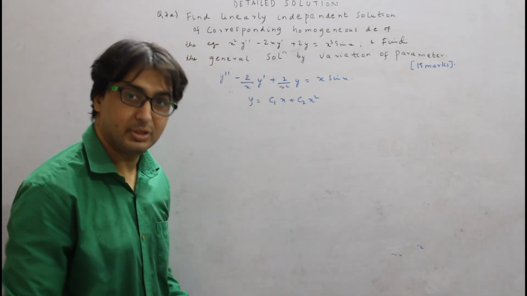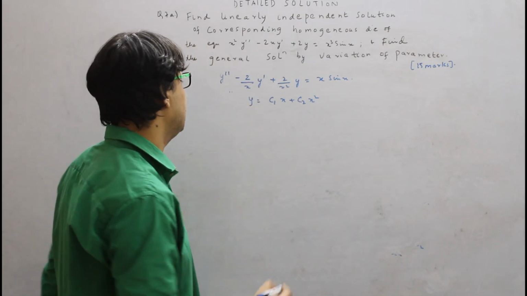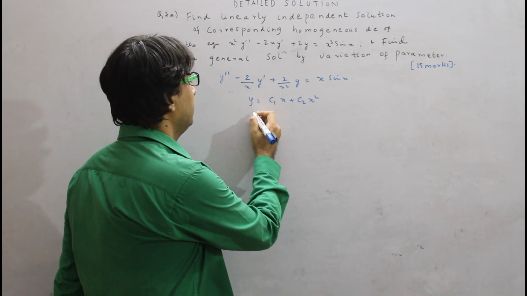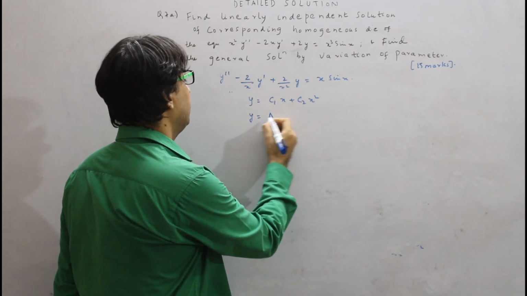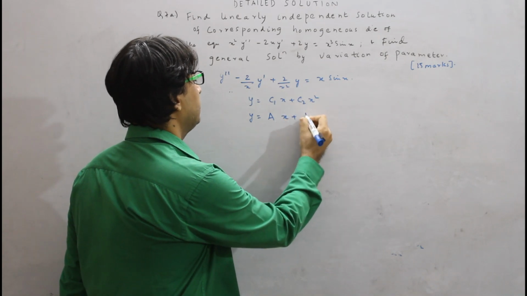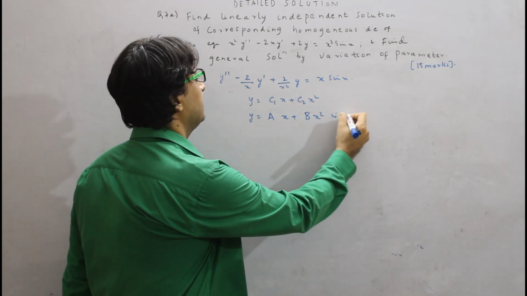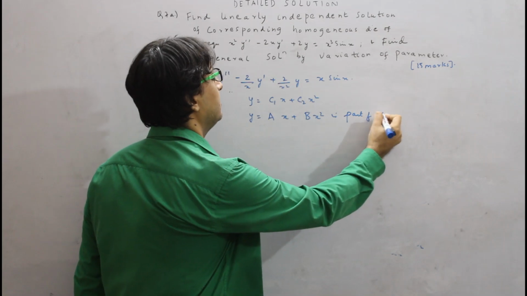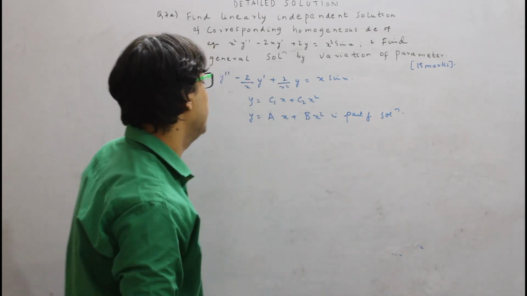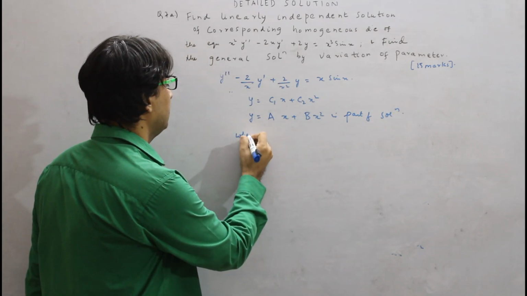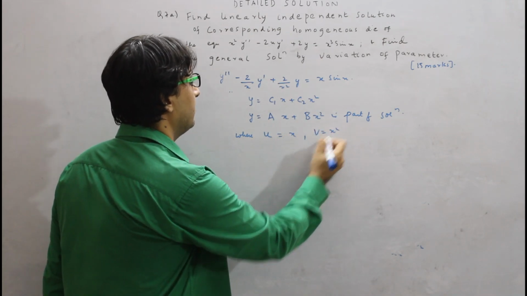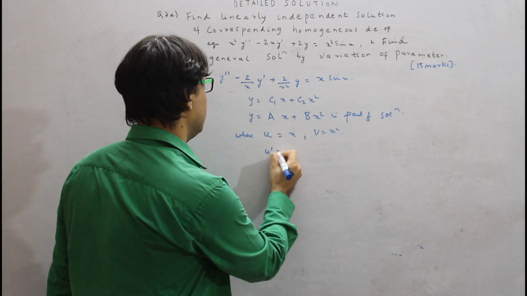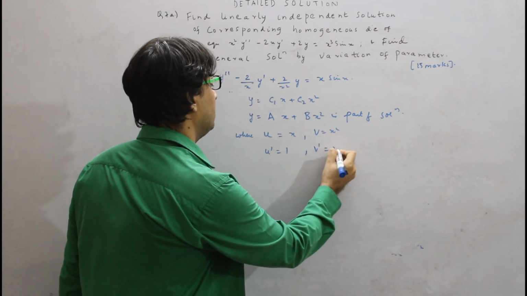Now we have to use the method of variation of parameters. For this we let y is equal to ax plus bx square is part of the solution, where we choose u is equal to x and v is equal to x square, and u dash is 1 and v dash is 2x.